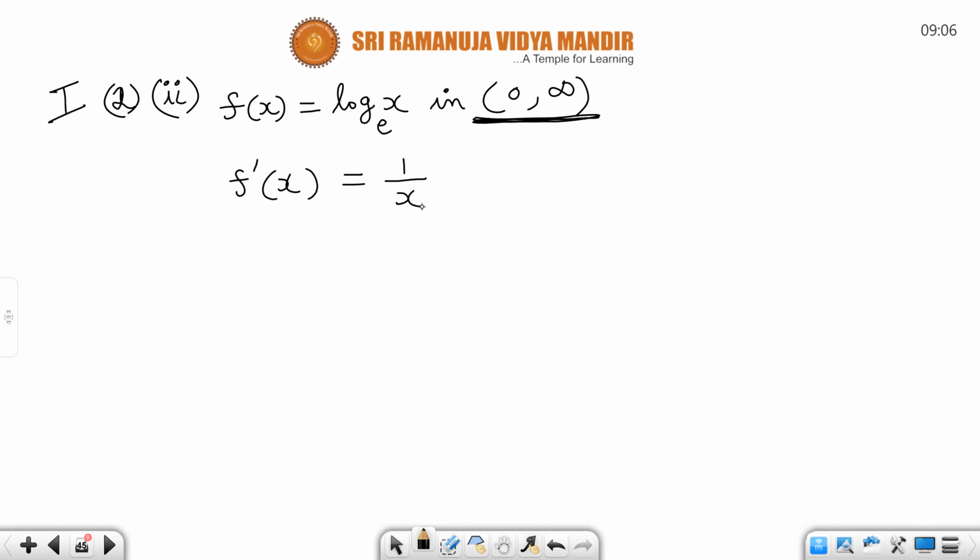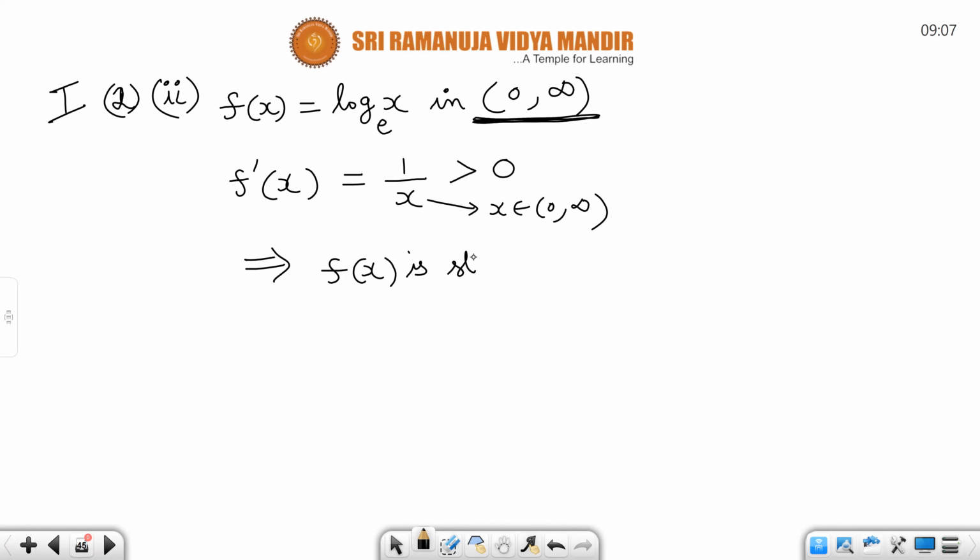Log x derivative is 1 by x and x belongs to 0 to infinity. That means only positive values, is it not? Open 0 to infinity, positive values, means f dash x is greater than 0. F dash x greater than 0 implies what?